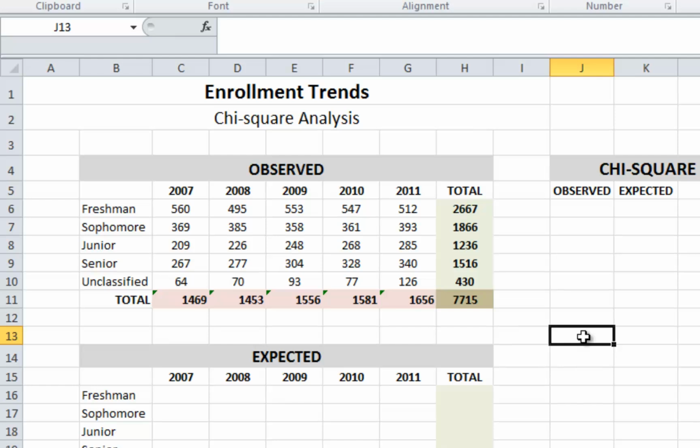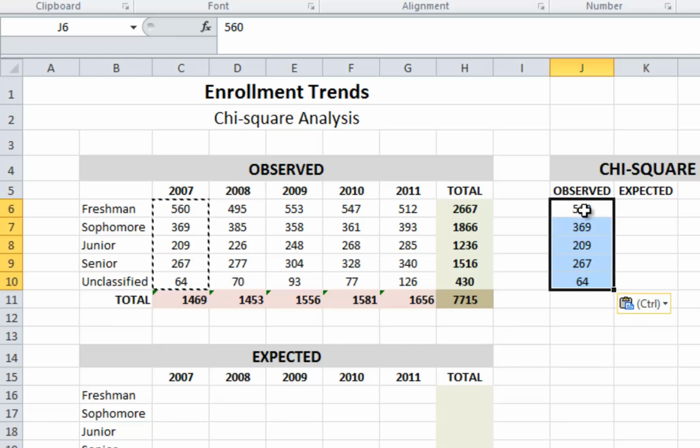Next, I'm going to transfer the values in the observed table over to our chi-square computation columns. I'll select the values for 2007, hit Control-C to copy, then go over to the observed column and hit Control-V to paste.